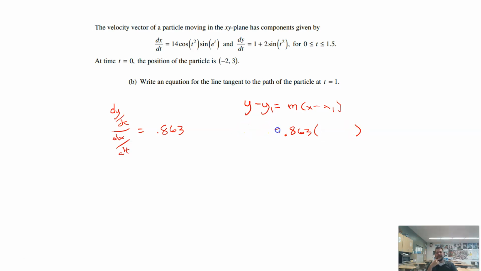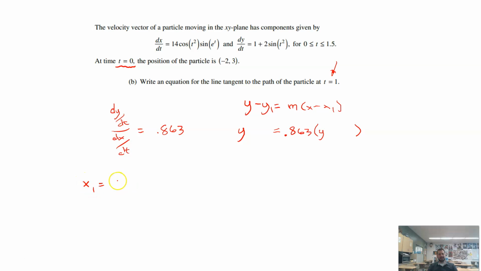The reason for that is I don't know y1 and x1 at time equals 1. I know y1 and x1 at time equals 0. So in order to find both, we have to use our formula of taking our initial position plus our displacement for each of the y value and the x value.